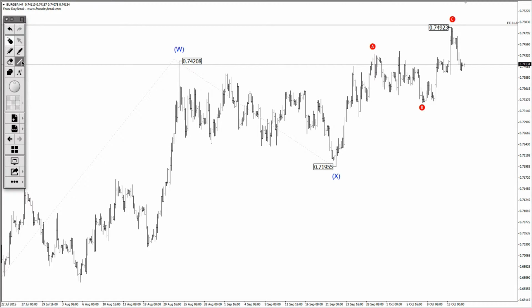And if we see a five-wave structure down from the peak of 0.7492, this is a strong signal for the reversal, and possibly the larger decline has started.